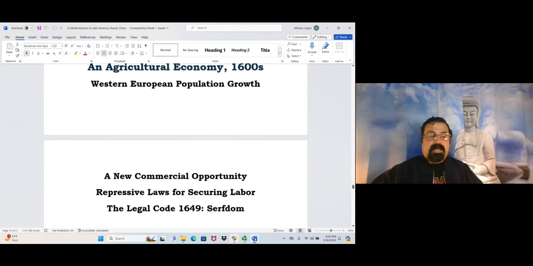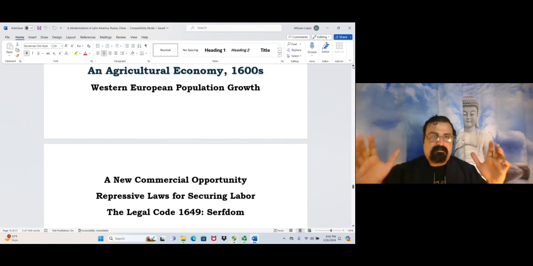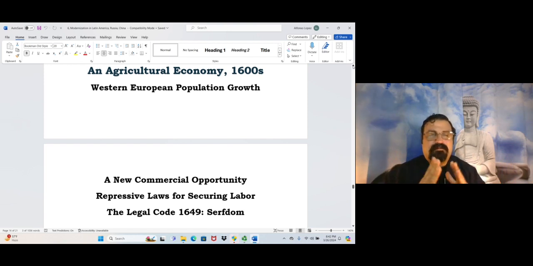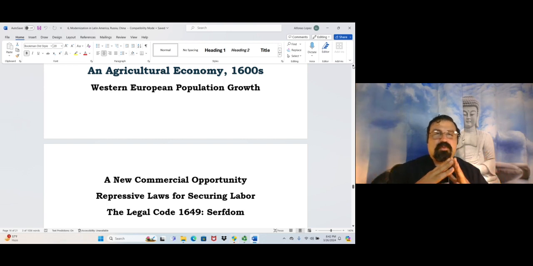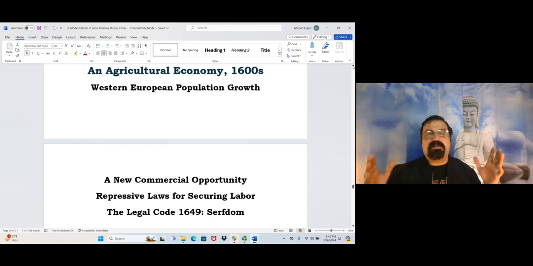Now, in the 1600s, this emerging empire is developing, of course, its own agricultural system that is going to support its entire economy. They are indeed building an imperial economy based entirely on agriculture, but most importantly, this is an economy based on commercial agriculture.